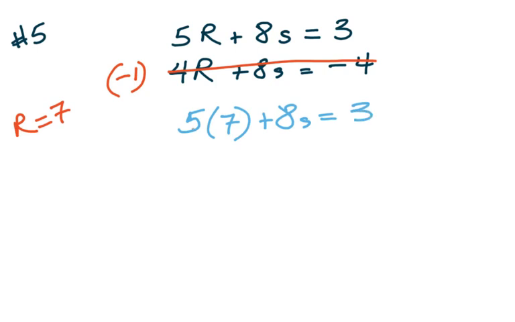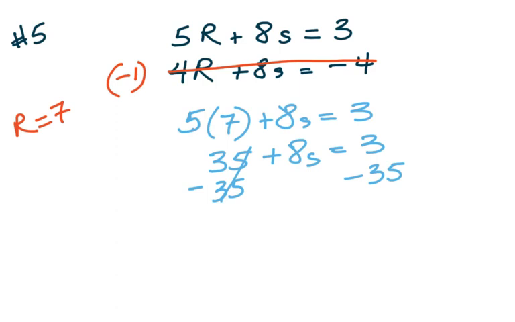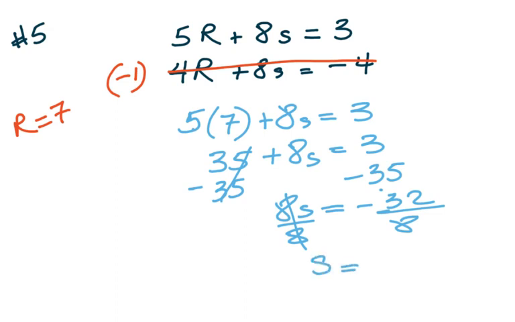So 5 times 7 is 35, plus 8S is 3. I'm going to go minus 35 on both sides. That goes away, so 8S is going to equal, you can do it on the calculator, negative 32 divided by 8, and S is going to equal negative 4.